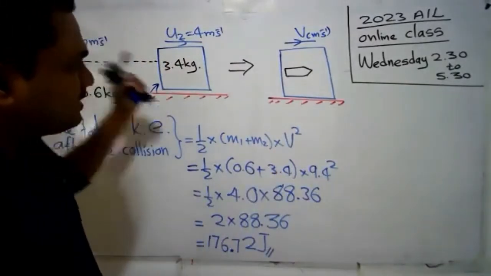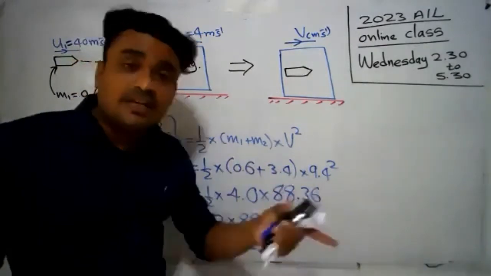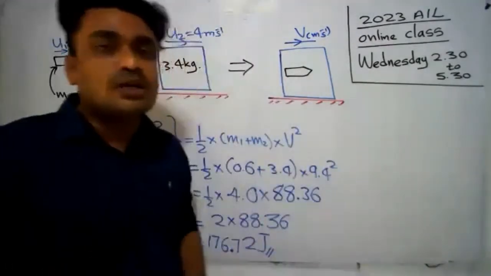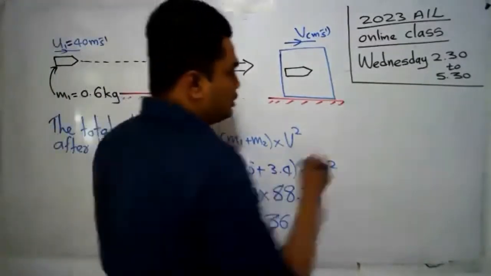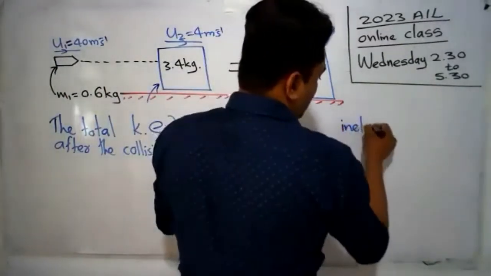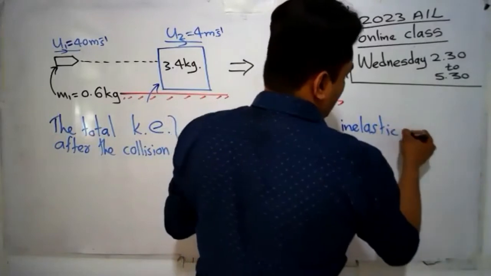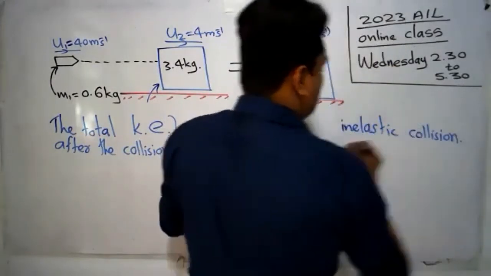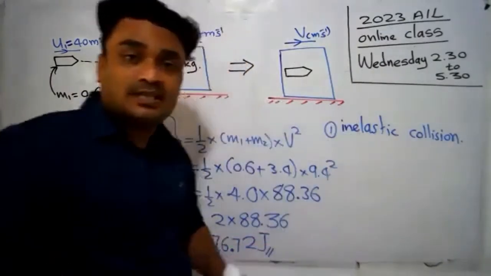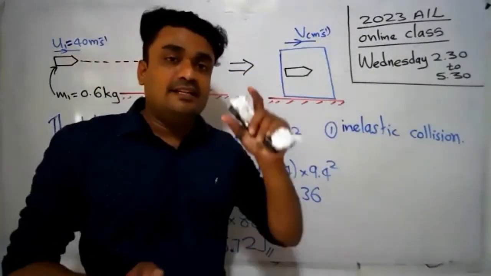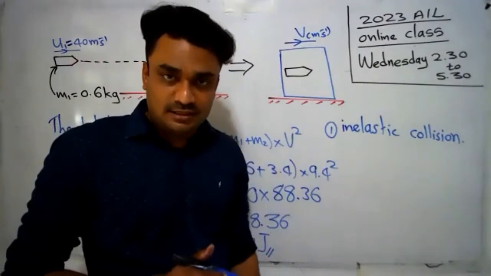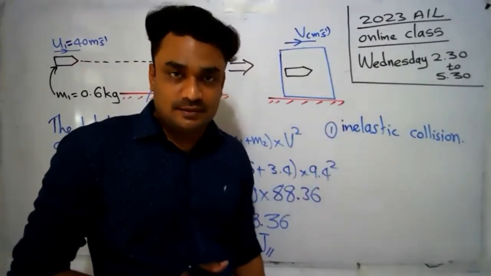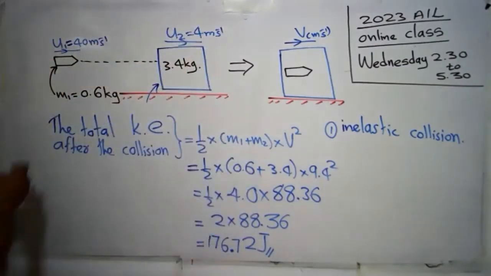So if the kinetic energy is reduced due to a collision, such a collision is said to be an inelastic collision. And look at the board, please don't write anything.